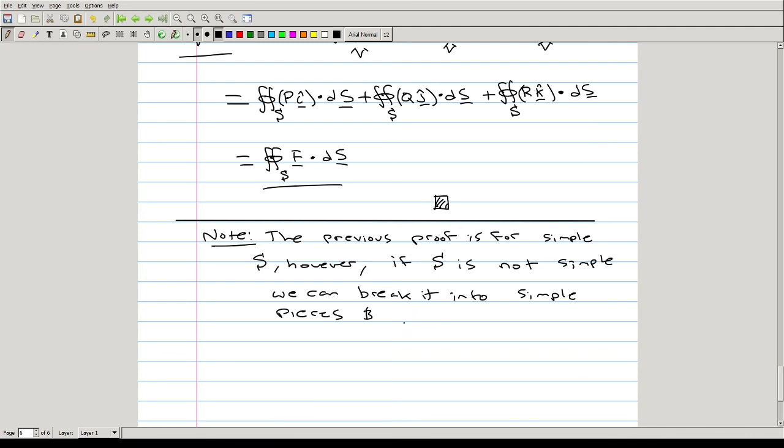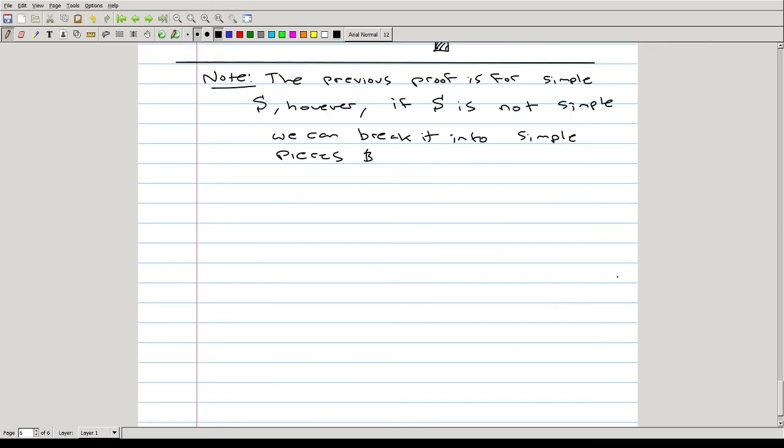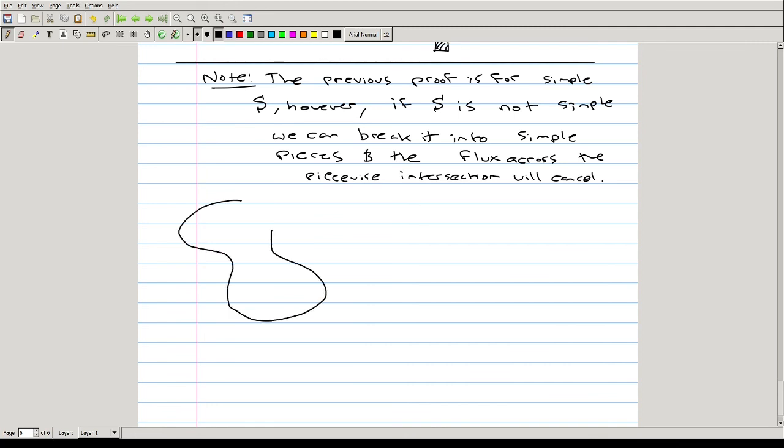And the flux across each intersection will cancel. So for instance, let's say S looks like this.